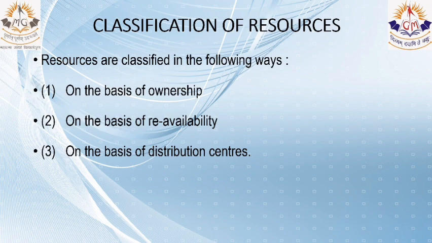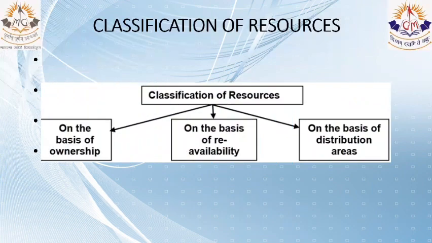That is yet another way in which we classify natural resources. So, natural resources are simply classified in three ways: ownership, re-availability, and distribution centers.